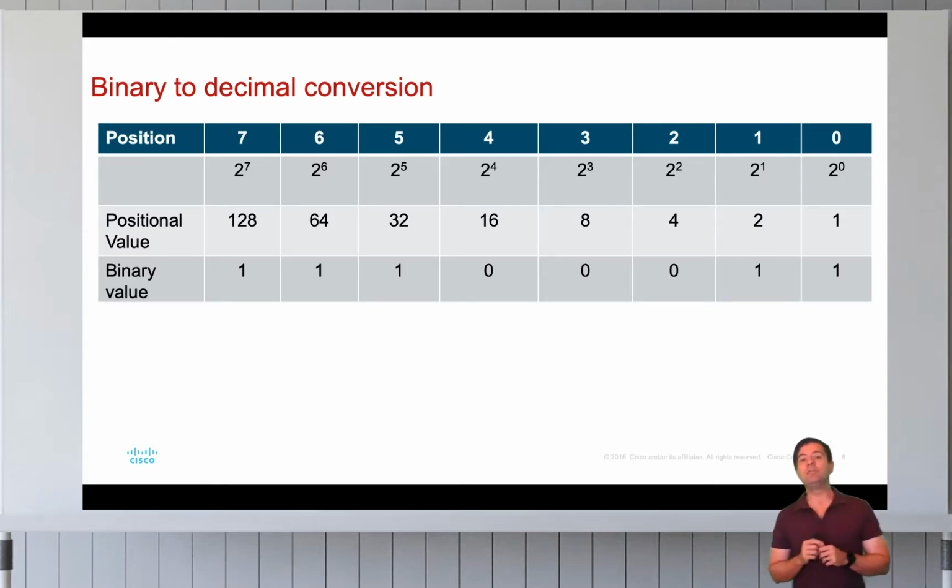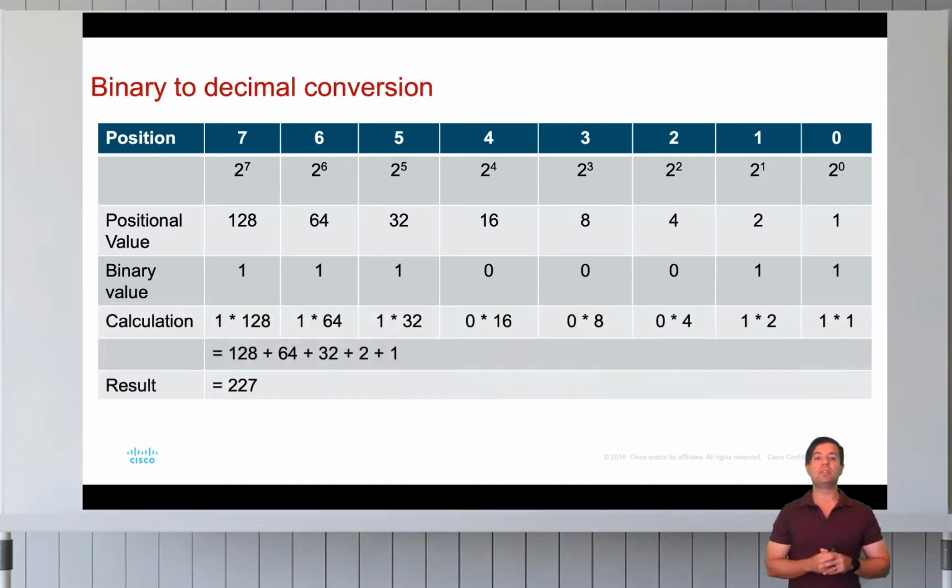Now, how do we convert that binary value to decimal? By performing the exact same step we did when verifying the constituent elements of our decimal number. In other words, we have the digit 1 in the 128s column, so 1 times 128.